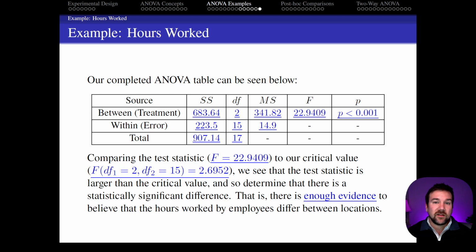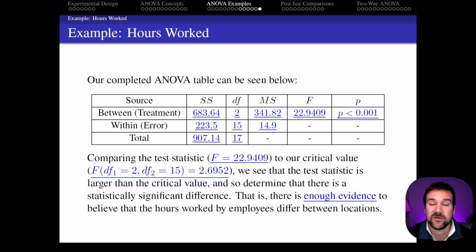Again, the natural follow-up question is, well, which city is higher? And in this case, we don't have an answer to that. We just know that one city is significantly better than a combination or one of the others. And so the next unit, which we'll discuss soon in the next video, is which one is higher and how can I follow up on that.